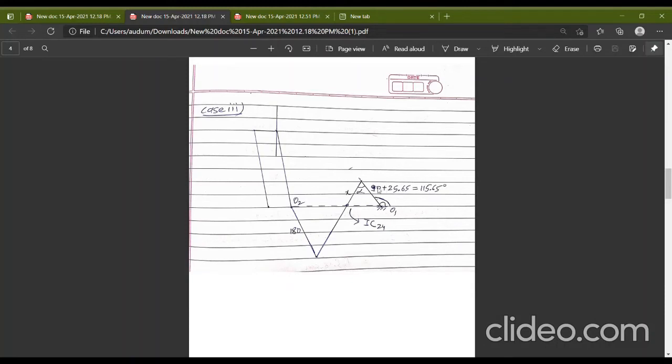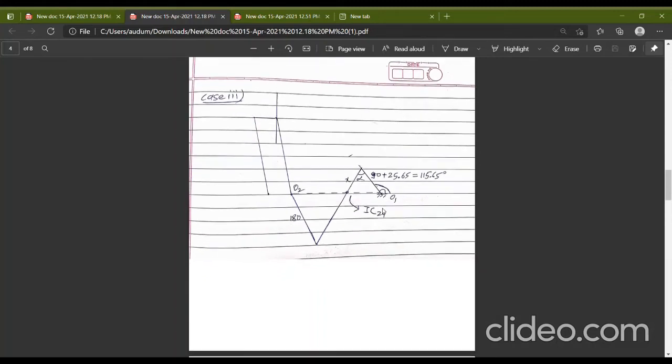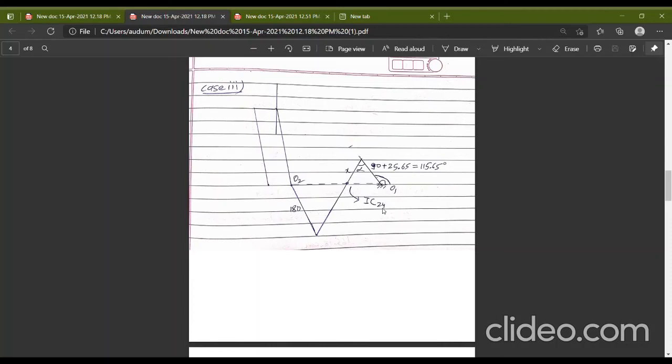In this position body 2 is perpendicular to the dead center configuration of body 2. Here we know the angle between body 2 and the horizontal.